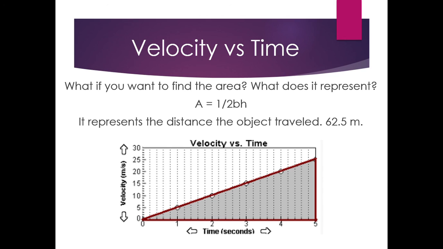And in order to find the height, we need to focus on the value that we have in the y-axis. We can notice that the last value from our graphic actually managed to get to the velocity of 25 meters per second. Okay, so with these values, you can substitute them inside the formula and you can get the result of 62.5 meters.